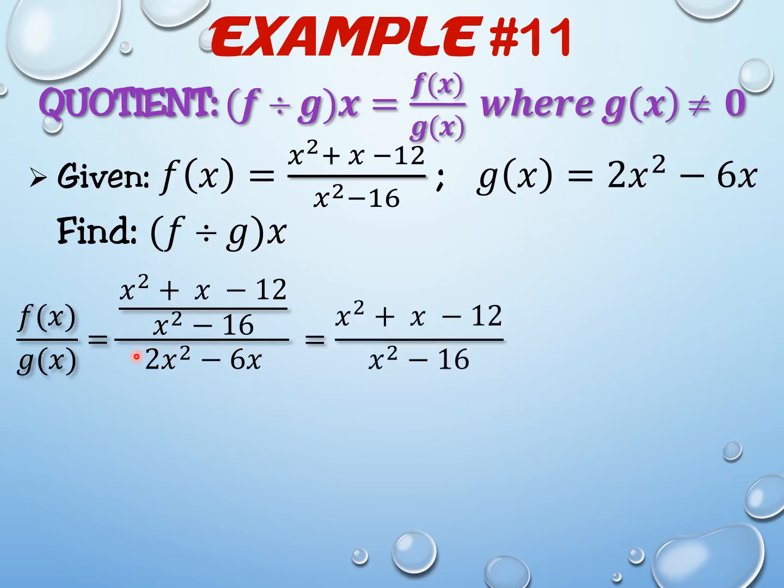So we'll have the numerator x squared plus x minus 12 divided by x squared minus 16 multiplied by the reciprocal of the denominator, that will be 1 over 2x squared minus 6x. And then the next step is to factor all the numerators and all the denominators.